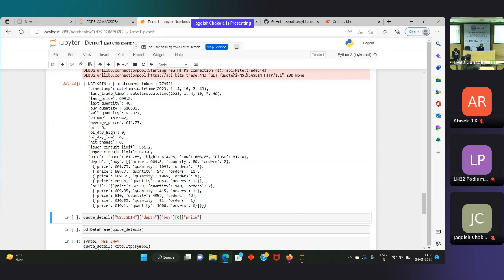So this is the current status of the SBI stock. There is a parameter, the last trading price, from where you can get the price. The current price is 609.